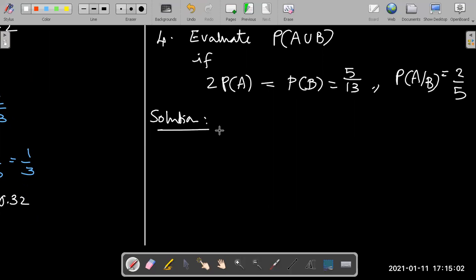So you can tell the steps, I can write it to save time. 2P(A) is equal to P(B). Should I write it again? Given. Yeah.